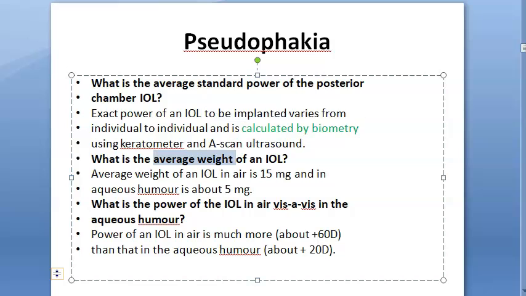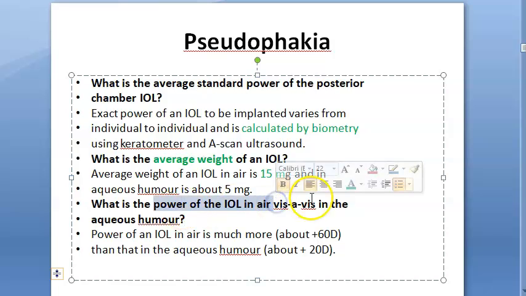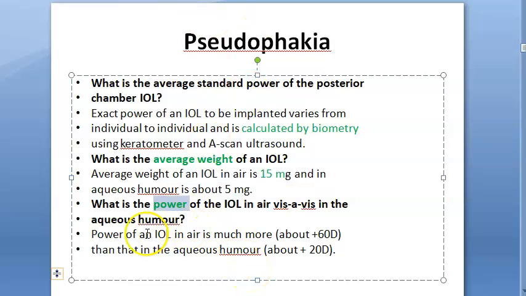What is the average weight of an IOL? The average weight of an IOL is 15 milligram in air, and in aqueous humor it will be around 5 milligram. In the air, if you hold it in your hand, 15 milligram. What is the power of an IOL in air vis-a-vis in the aqueous humor? They're asking about the power in the air versus the power in the aqueous humor.